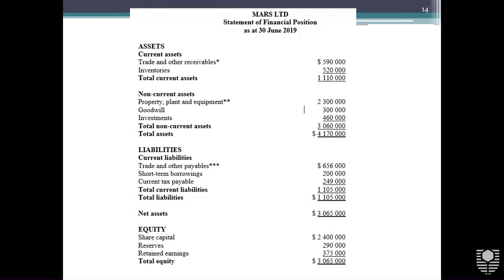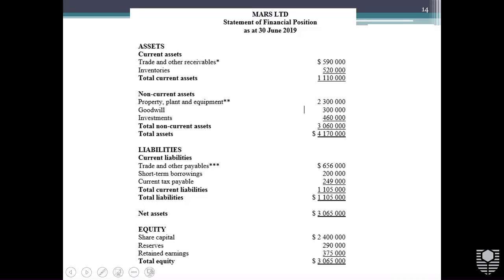It's arguable, so it's acceptable, but it's arguable potentially that short-term borrowings, that bank overdraft, because of the amount, it's 200,000, potentially should be above the trade and other payables. Because normally the way businesses operate, a bank overdraft is something they use for business purposes so they can pay salaries, right?